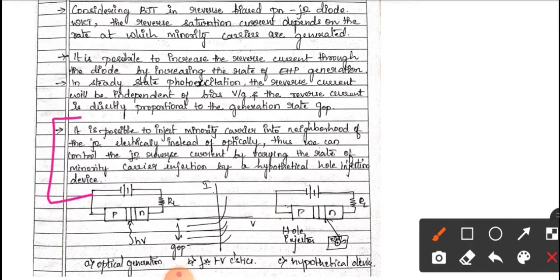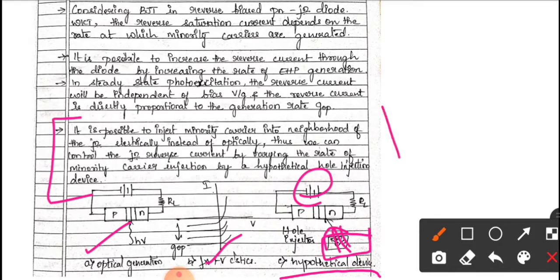under reverse bias. You can see here the first figure is with optical generation under reverse bias. The second one is the characteristics which we have studied, and the third one is a hypothetical device where we have a PN junction under reverse bias condition, and an extra device known as a Hall injector which will inject minority charge carriers.